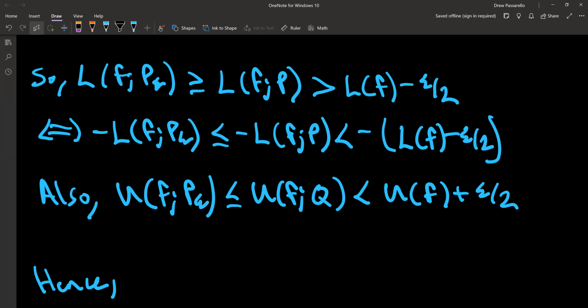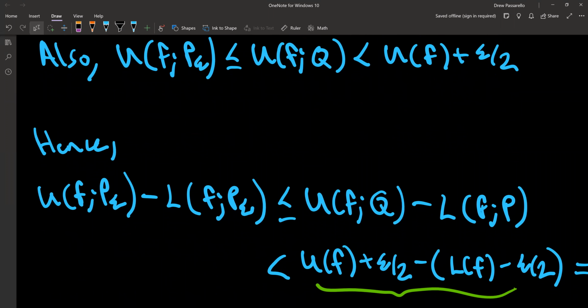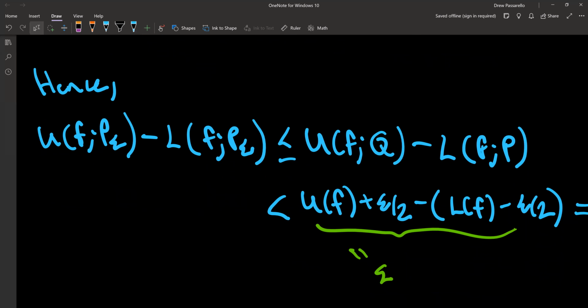So I just combined that information and did the upper sum of partition P of epsilon minus the lower sum of partition P of epsilon. The upper sum of P of epsilon is less than or equal to the upper sum of Q, and negative the lower sum of P of epsilon is less than or equal to negative the lower sum of P. The upper sum of Q is less than U of f plus epsilon over 2, and negative the lower sum of P is less than negative L of f plus epsilon over 2.